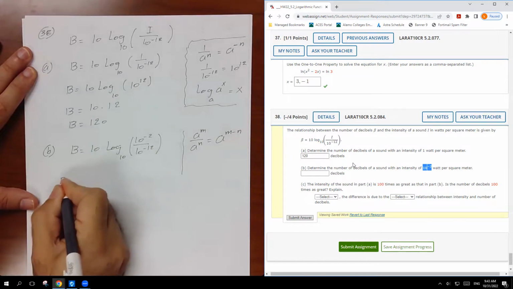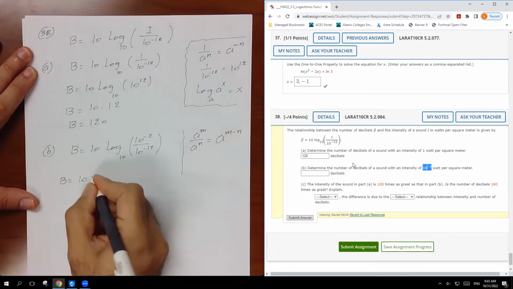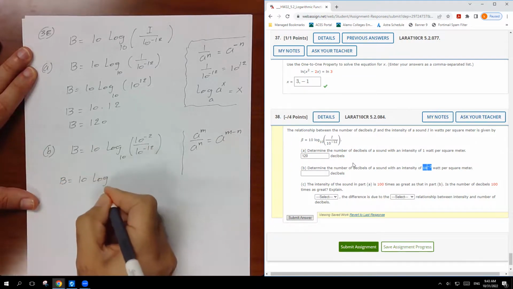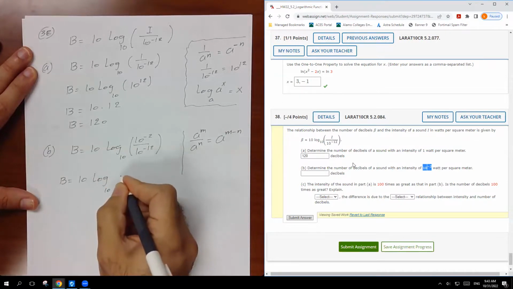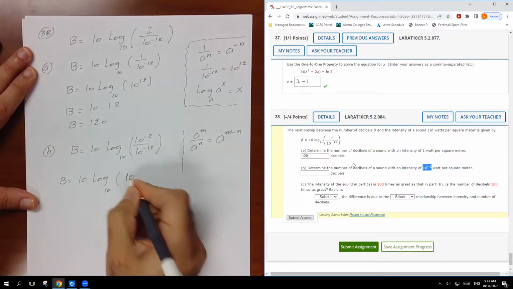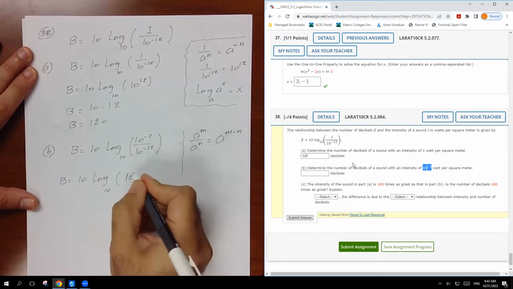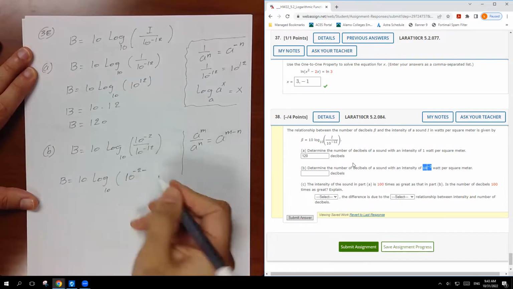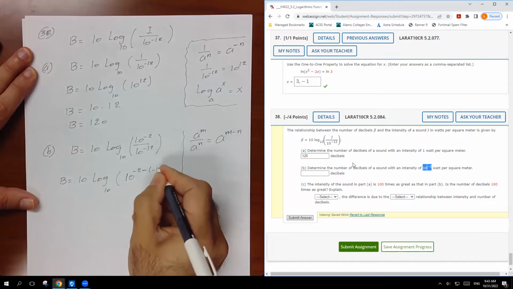That means B is 10 log to the base 10 of 10 to the negative 2 minus negative 12.